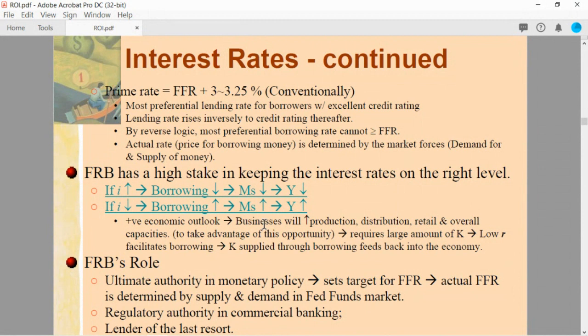So businesses don't borrow, so borrowing goes down, and that will lead to decreased money supply. I explain this all the time because if you just pay attention, it's logical. Because companies are not expanding, they are not hiring any construction company to build their plant.